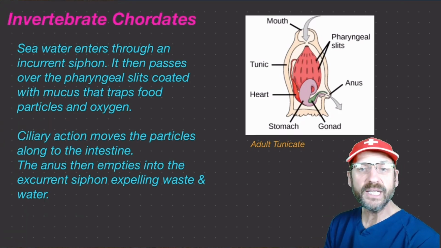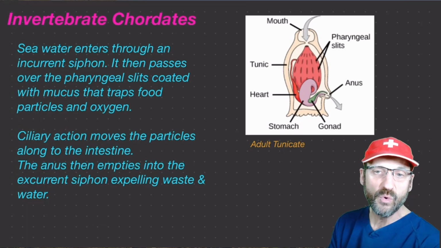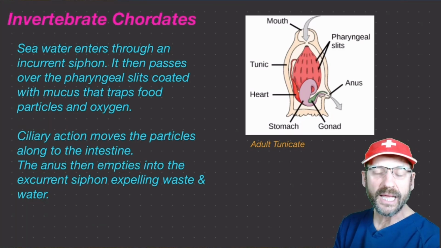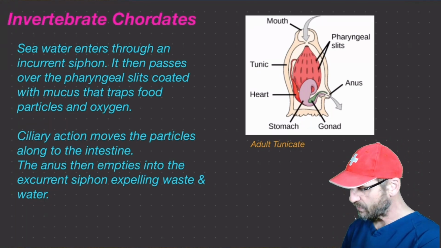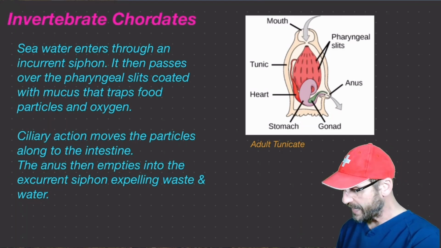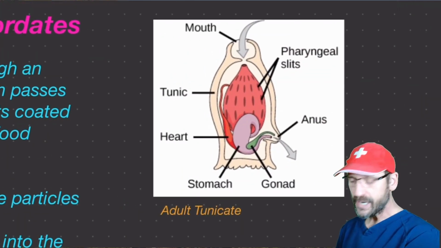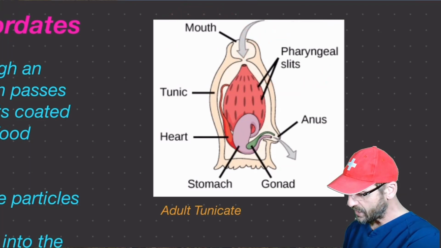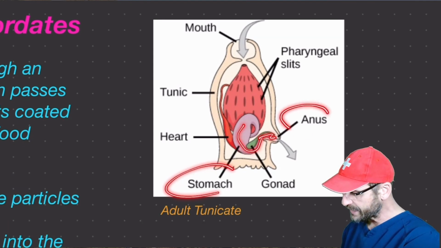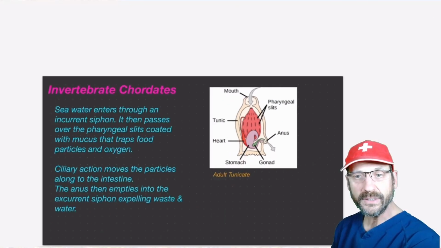Then through ciliary action, the particles move along the intestine and are expelled through the anus into the excurrent siphon, and the water and the waste go to the outside. And you see that here: the mouth, it comes in, it enters the pharyngeal slits right here, and then we've got the stomach, the digestive system, and here it exits through the anus.